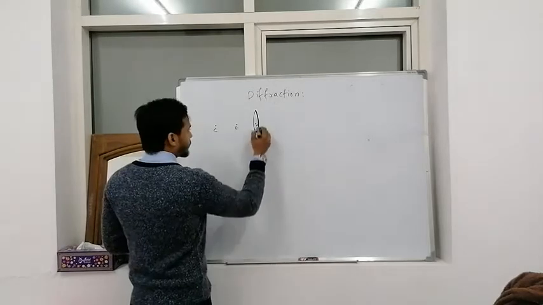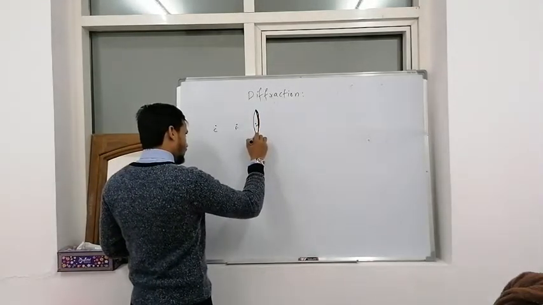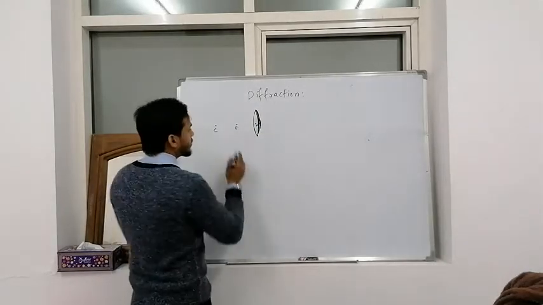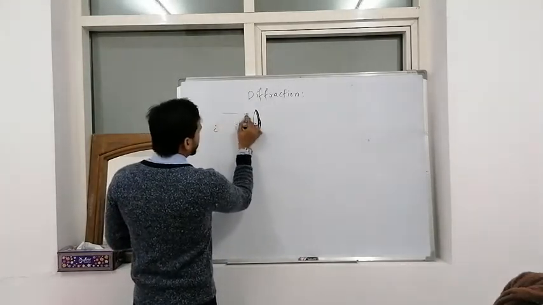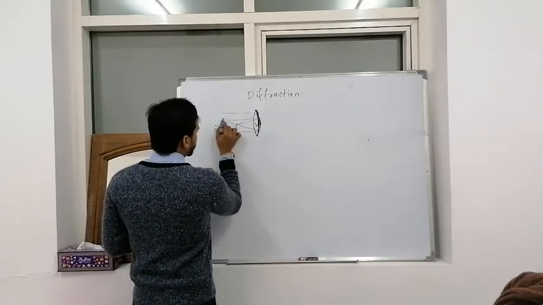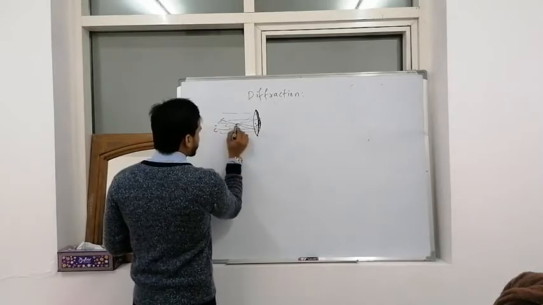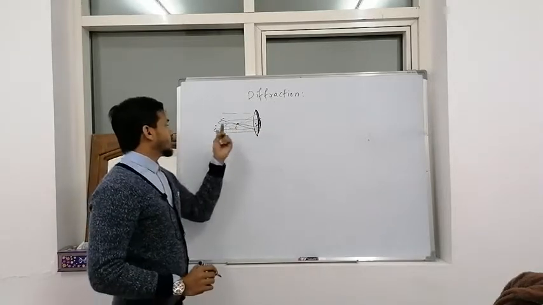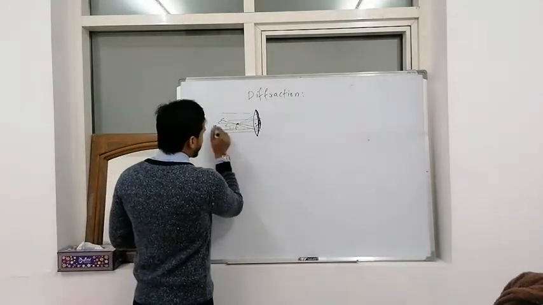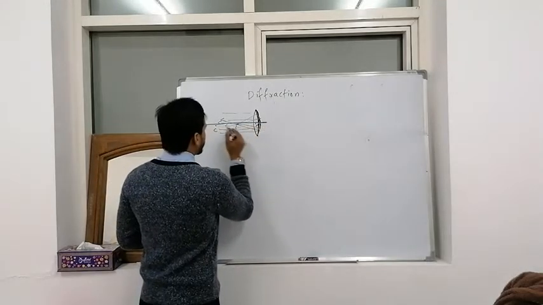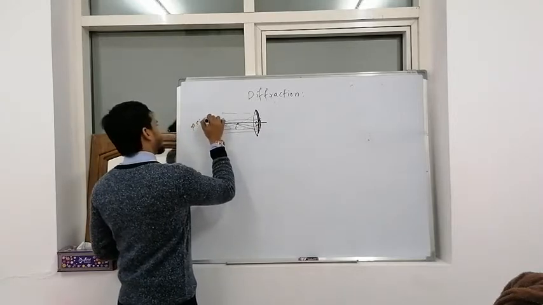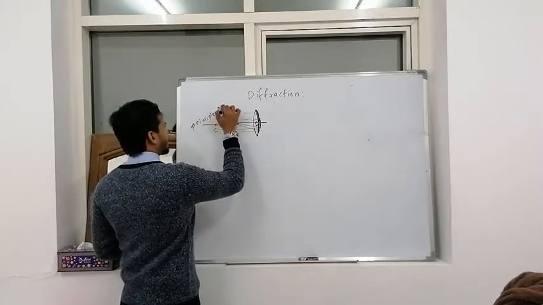If I do according to this surface again, the light comes and is reflected back through the same point. This point is called the focal point. And this line joining the center of curvature, focal point and midpoint is called the principal axis. You should know these basic things.